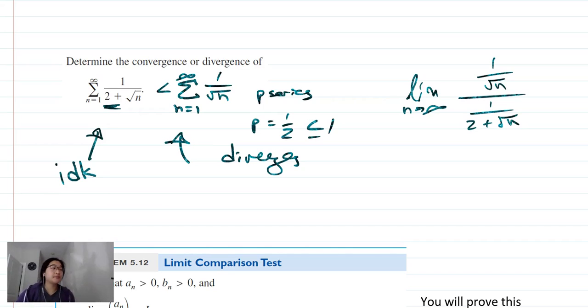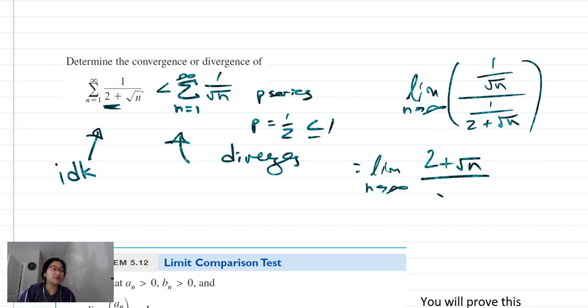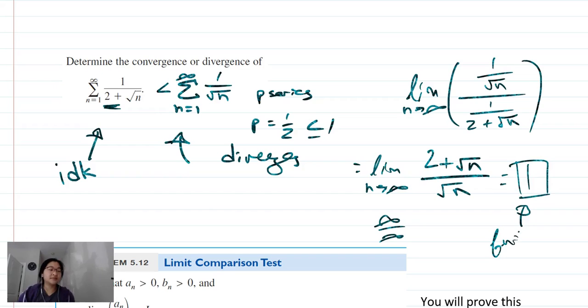What happens is that we have the limit as n approaches infinity of 2 plus root n over root n, and this is L'Hopitalable because we get the indeterminate form of infinity over infinity. So what do we end up with? We end up with 1. So this is a finite and positive number. Therefore, both of these series diverge.